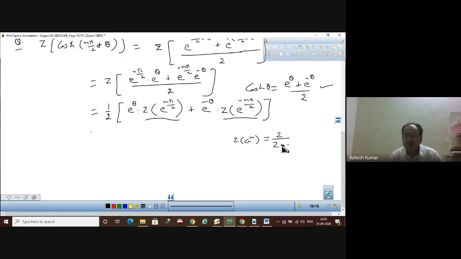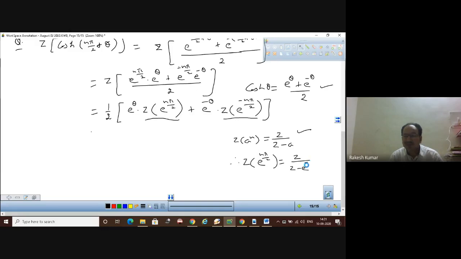This is the basic standard z transformation, that is z over z minus e. Therefore, we can find out the z transformation of e raised to power n pi by 2, and that can be used over here. And what is that? That is z over z minus e raised to power pi by 2.